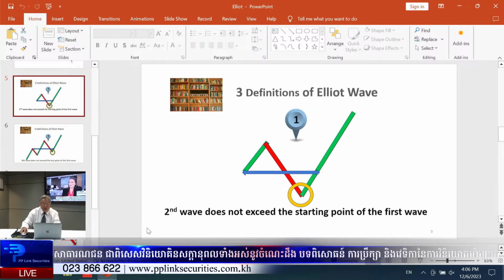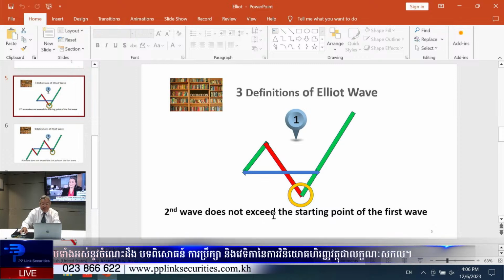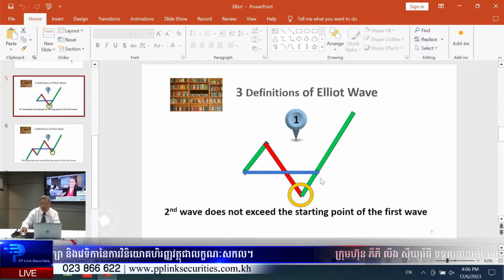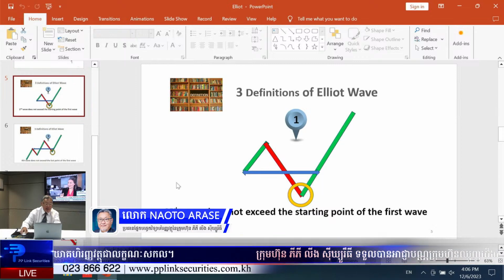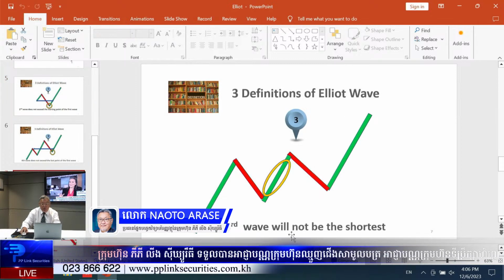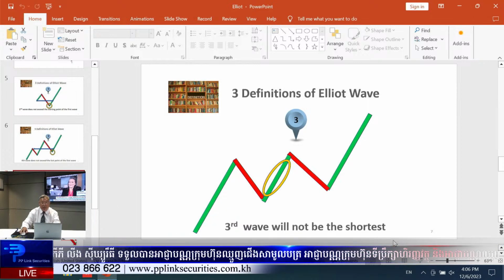First of all, the second wave does not exceed the starting point of the first wave. So this is the starting point, right? You understand, right? Okay. And number 2, the third wave will not be the shortest. Okay. First wave, second wave, third wave.